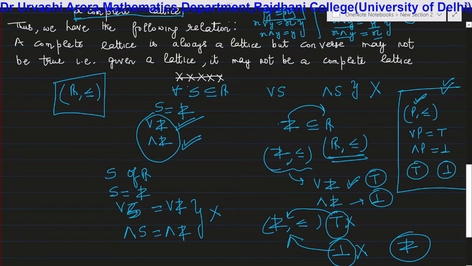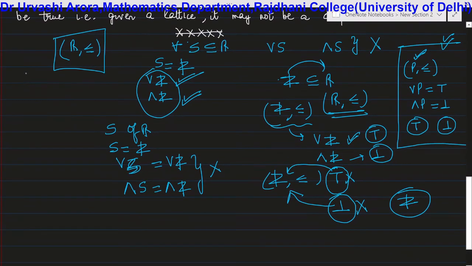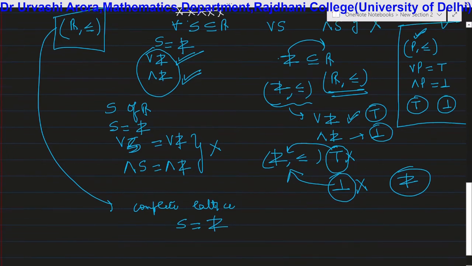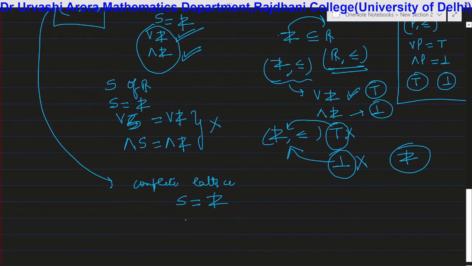Now in this particular example, in order to show that the lattice of real numbers is not a complete lattice, the subset S of R that we have taken was the set of integers. But the same argument could have been given if we had taken the set of natural numbers.